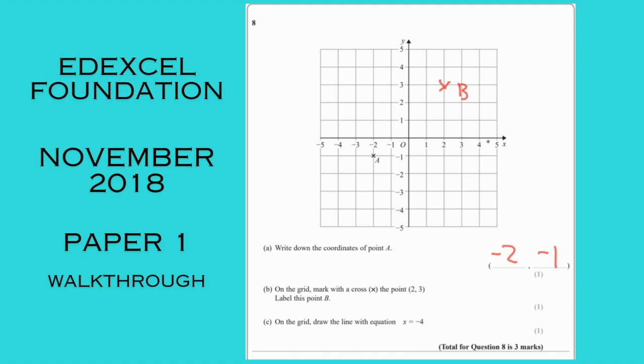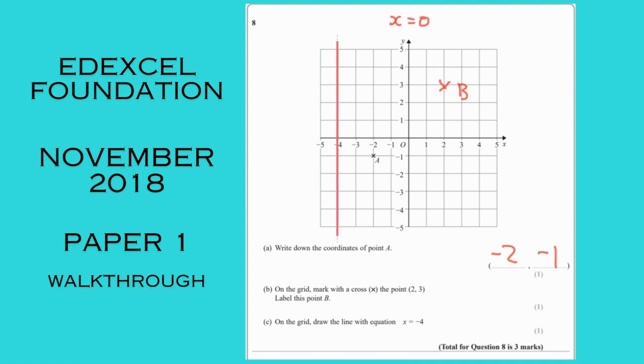On the grid, draw the line with the equation x equals -4. Do not forget an alternative name for the y-axis is x equals 0. So any lines which are x equals a number are vertical lines through that number.